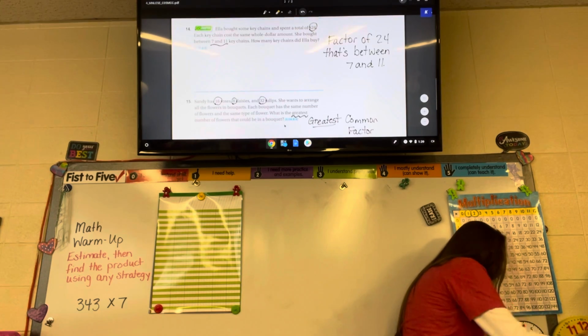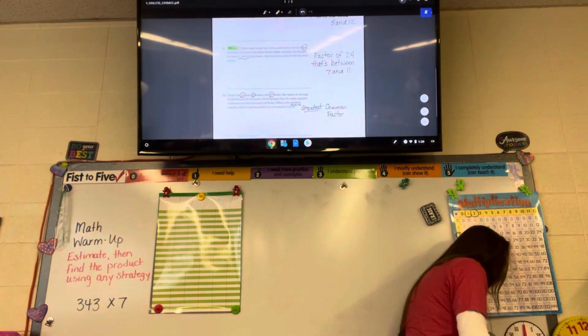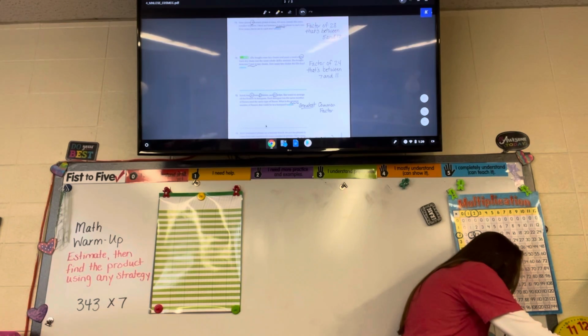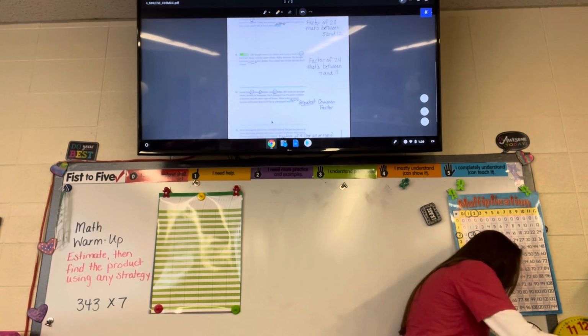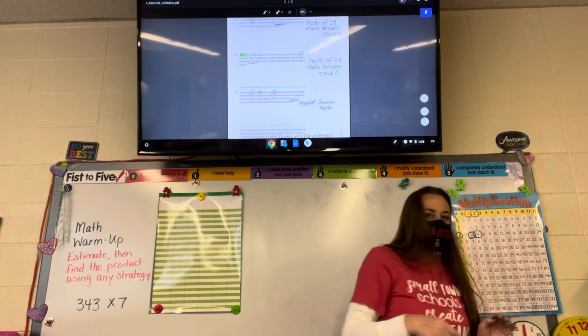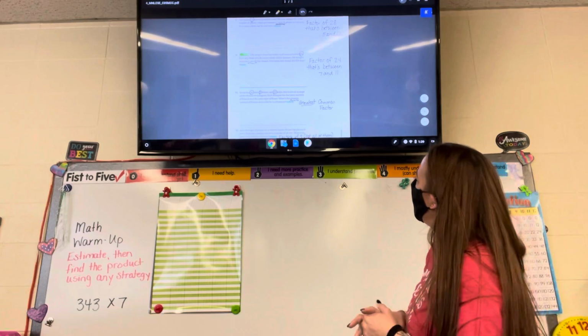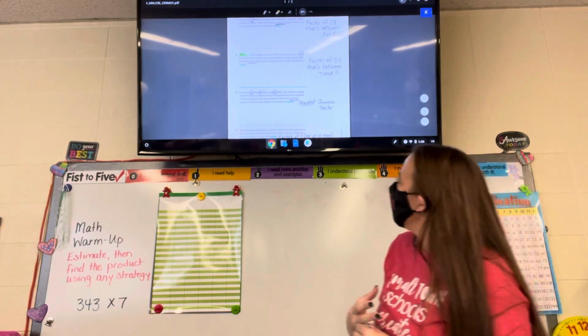Then we're looking for the greatest common factor on 15. And the factors of 9 on 16. Okay, that's it.